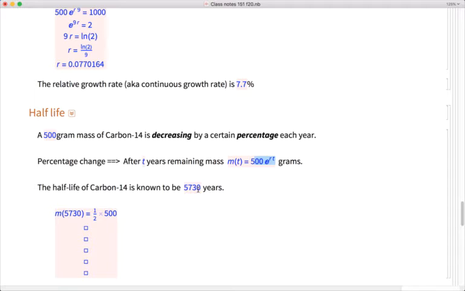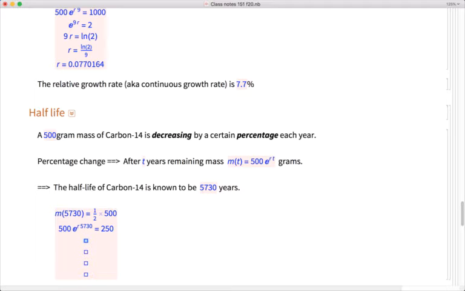That means after this amount of time, we will have half of what we started with. The form of the formula is given right here. We're told in this sentence that when we replace the T with 5730, we'll wind up with half of what we started with. We started with 500, we'll be down to 250.